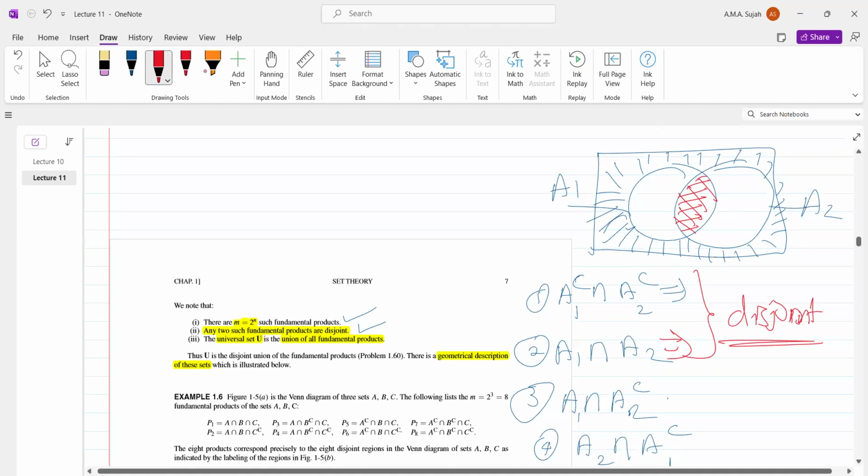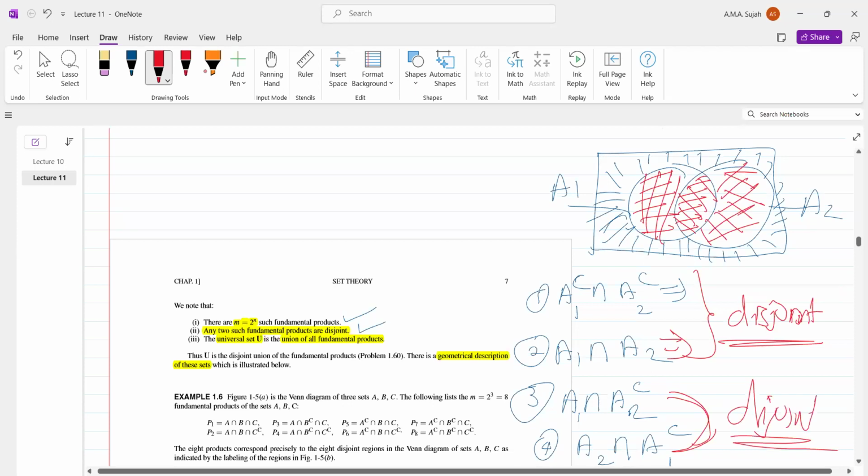Similarly, if you look at these two, what is this one? A1 means this entire area, and A2 complement means this outside area, so the common area is this one. Similarly for here, this area. These two are also disjoint.